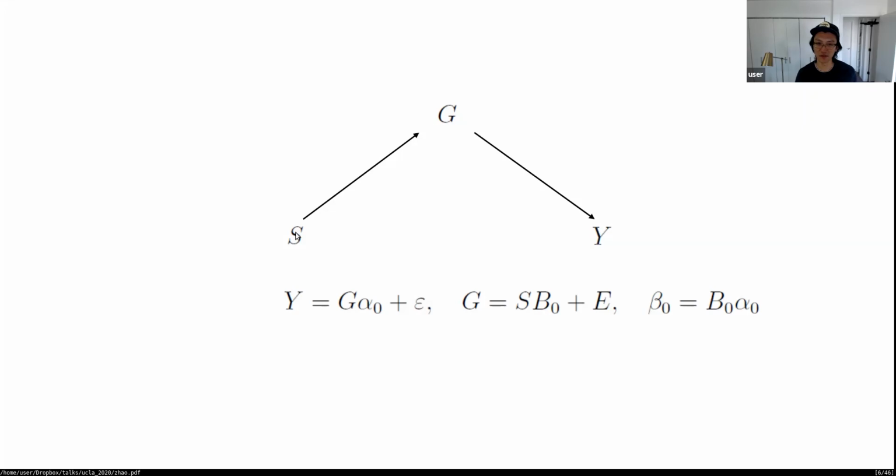But I think I'm interested in understanding this overall S to Y effect. And I think they're very closely related. To the best of my understanding, instrumental variables tries to tease apart the causal nature of this arrow here, whereas I'm interested in pure association between S and Y. Okay. Yeah.